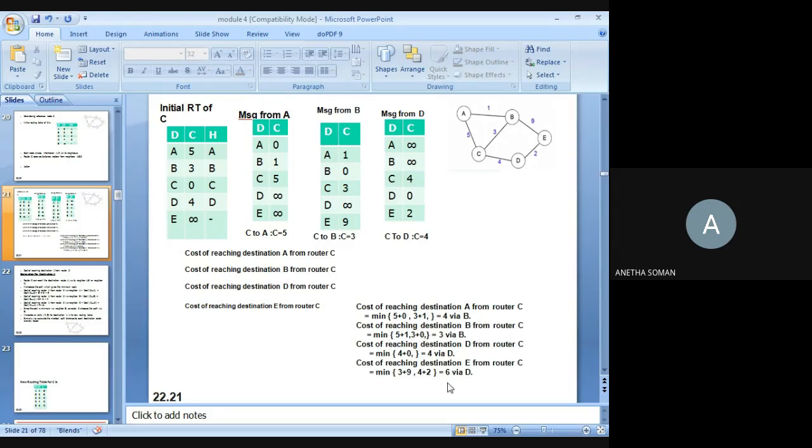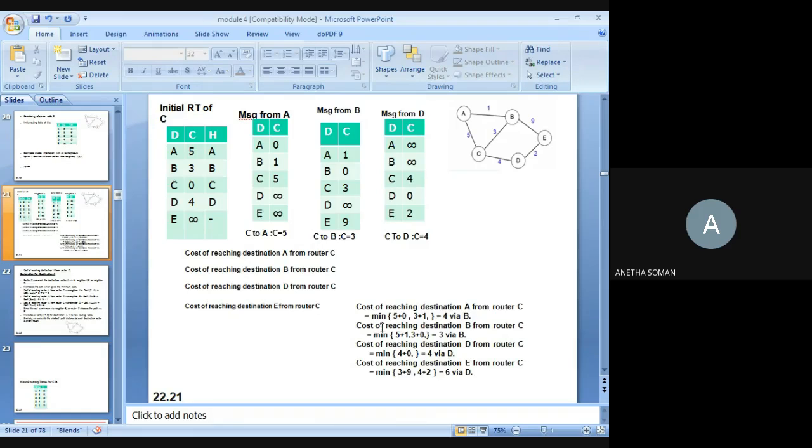Now, how you find it out is, you have to find the minimum cost through each neighbor, right? So first, I'm going to find the cost of reaching destination A from router C. This is equal to minimum of... Through those elaborate steps only, you are getting these values, so you can easily find them from the table.